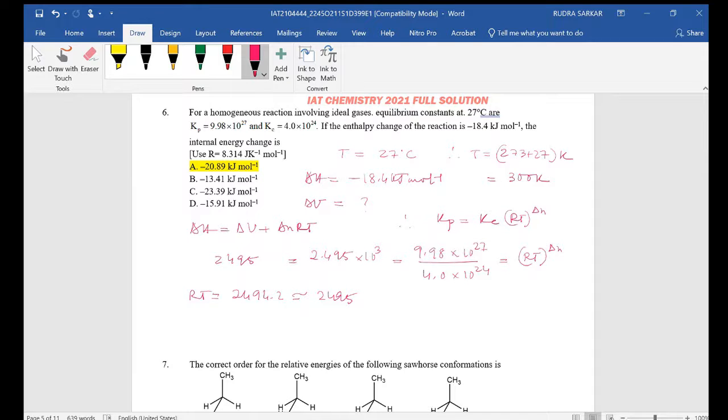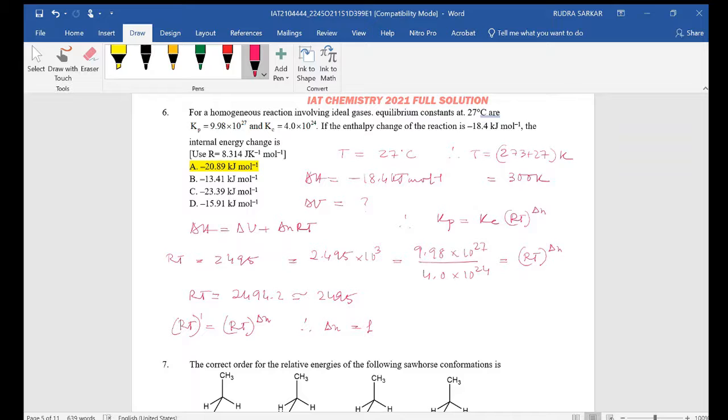Okay, so this can be written as basically RT. So this total thing becomes RT to the power delta N. So when bases are same, powers are equal, so we will say delta N is equal to 1.